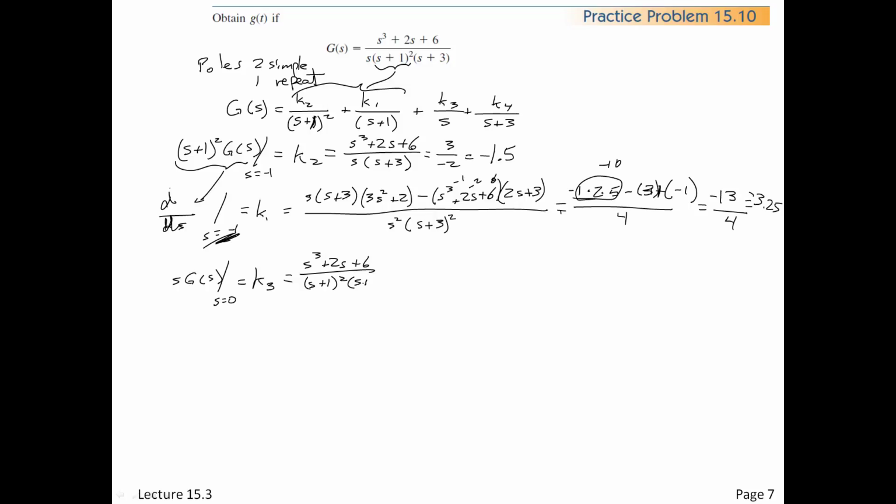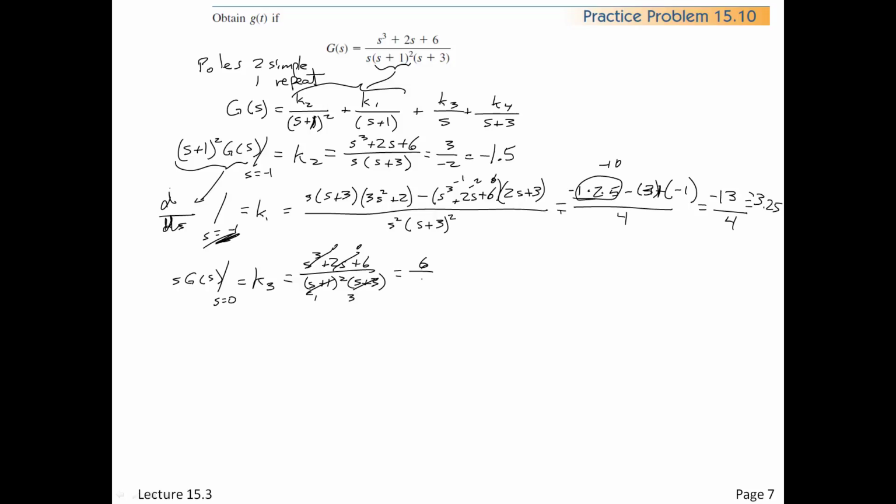I'm really writing out all the steps here, but you'll be able to do these much faster when you recognize that at 0 most of these terms are going to go away. So I've got 0, 0, so this looks like 6 over, hopefully we won't get a 0 in the denominator, that's a 1, and that's a 3.